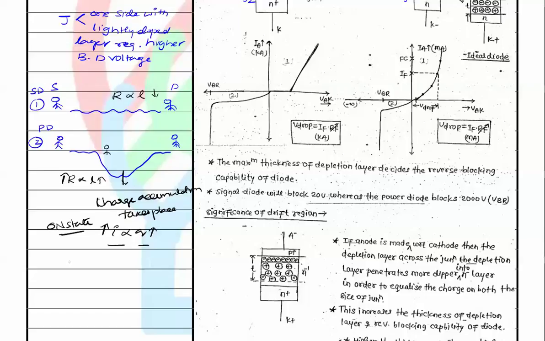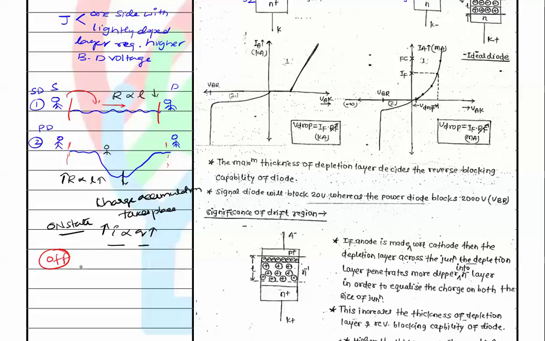Now let me take the off state. In the off state, if you are not allowing the charge from here to here, what is the length offered to it? It is less, so the electrons may jump here and move. But here, if you want to block this voltage, the electrons have a very high length compared to this one.